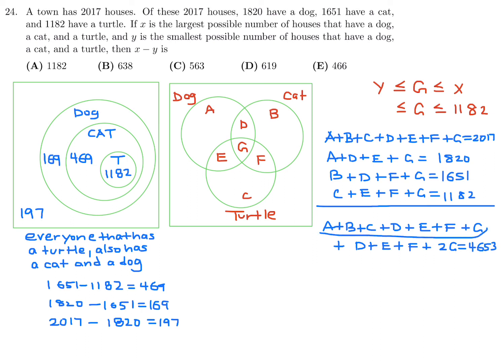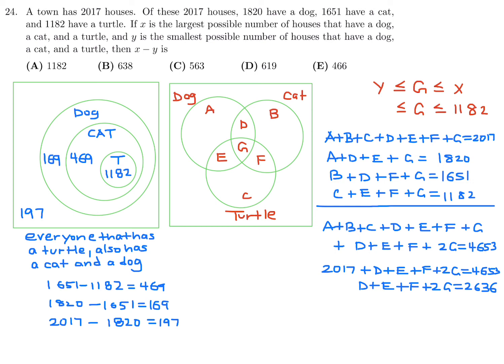Well, this segment here, that's 2017. So we put that in. Therefore, 2017 plus D plus E plus F plus 2G is 4653. And therefore, D plus E plus F plus 2G is 4653 minus 2017, and that would be 2636.